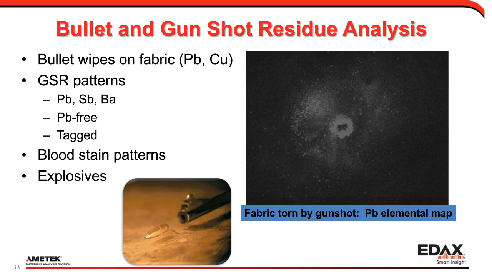You can look at tagged formulations, formulations where different manufacturers will dope it with an elemental fingerprint. As long as the elements are within the detectable range of the instrument from sodium to berkelium, you can make measurements of the gunshot residue. You can also do blood stain patterns based on the iron content. You can look at different explosive residues as well, as long as there's something within the elemental range of the tool that you can look at.